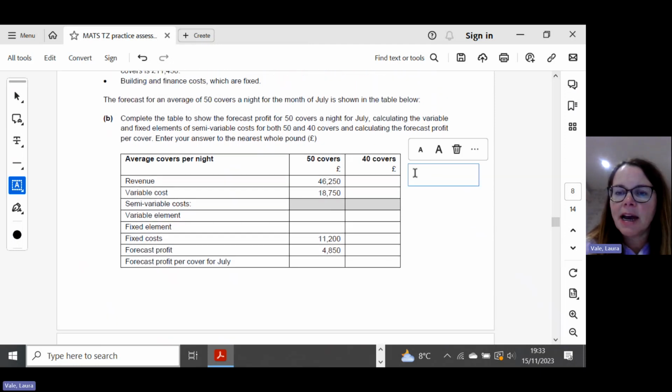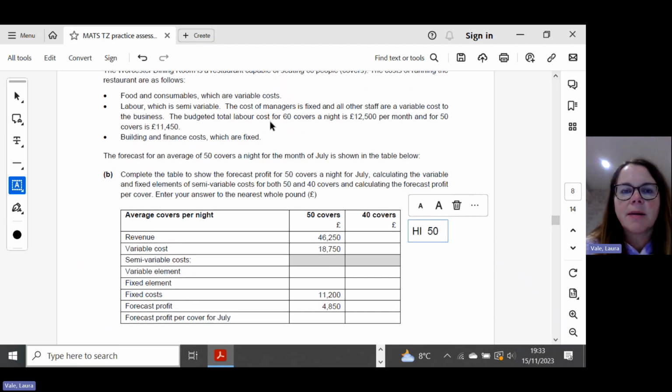Right, so I'm going to have a high of, sorry, 60 covers at a cost of 12,500. And then I've got a low of 50 covers, I'm getting this from up here, 50 covers at a cost of 11,450.